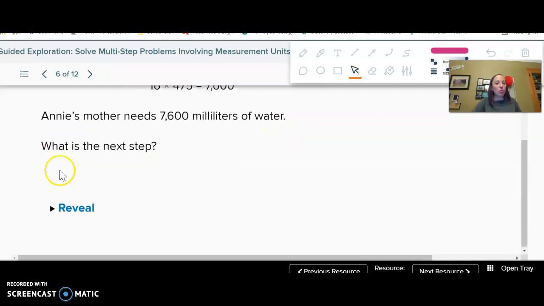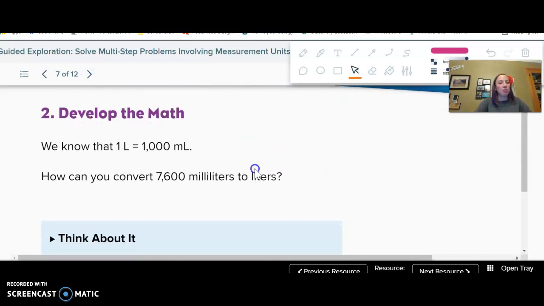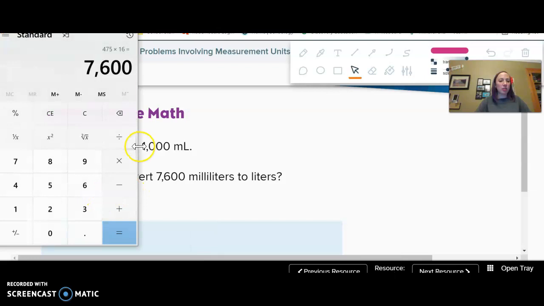But now we need to figure out what that is in liters because those jugs were in liters, right? So we know 1 liter is 1,000 milliliters. Remember, if we flip back to your chart from 12.2, so going from little milliliters to bigger liters, we need to divide. So we're dividing by 1,000. Oh, calculator, there we go.